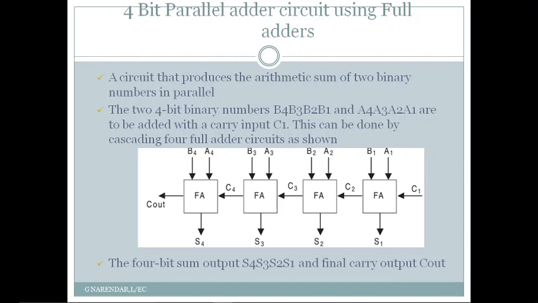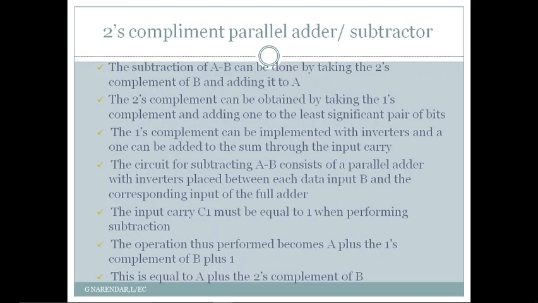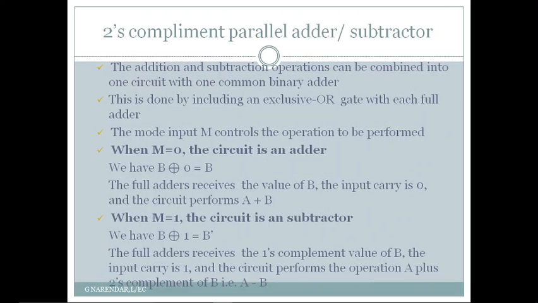Only one circuit must be there which at any time performs either subtraction or addition of the 4-bit data A and B. So what are the modifications for the circuit by which we can perform the two operations with a single circuit, that we are going to see now.